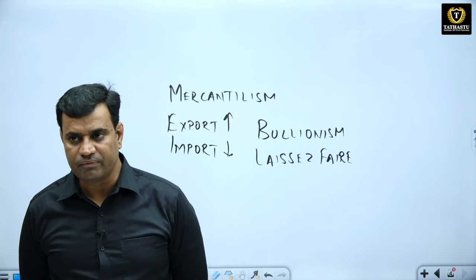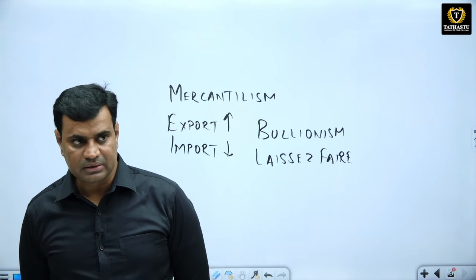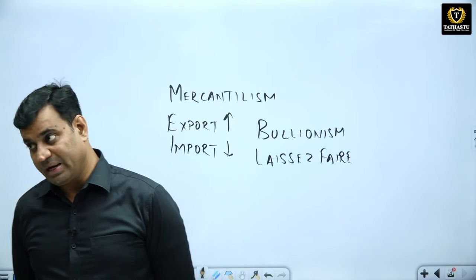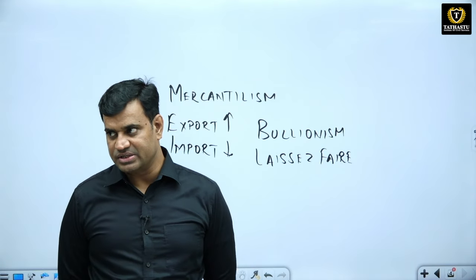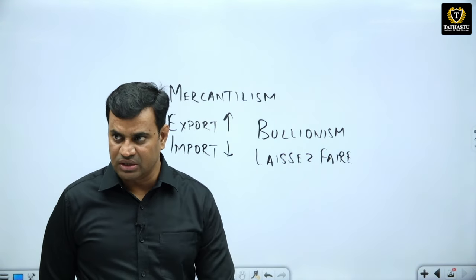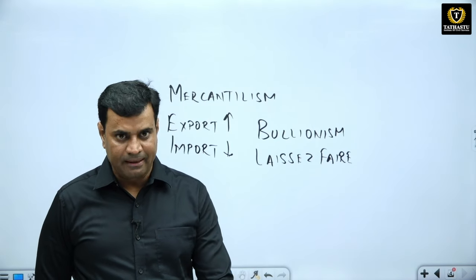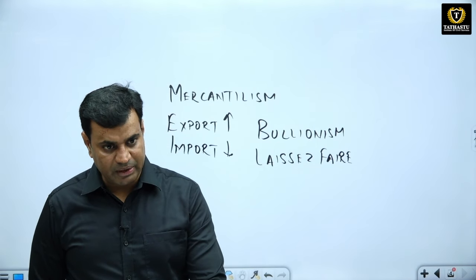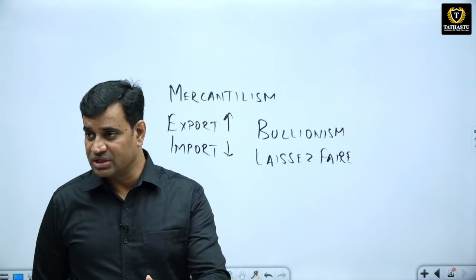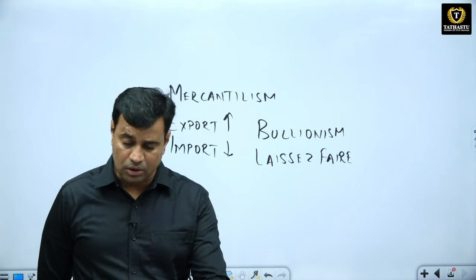That's the only way. India also did that in 1991, when Dr. Manmohan Singh was the Prime Minister, because of the Gulf crisis. We went for export promotion and import substitution, known as liberalization, privatization and globalization.